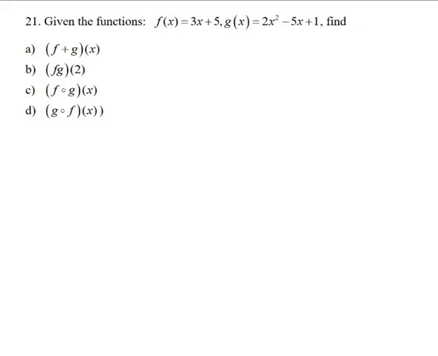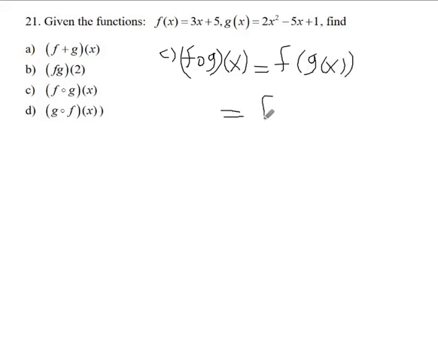For part C, we want to find the composition of f with respect to g of x. If you recall, it's the same as f of g of x. Okay, g of x is given to me as 2x squared minus 5x plus 1.